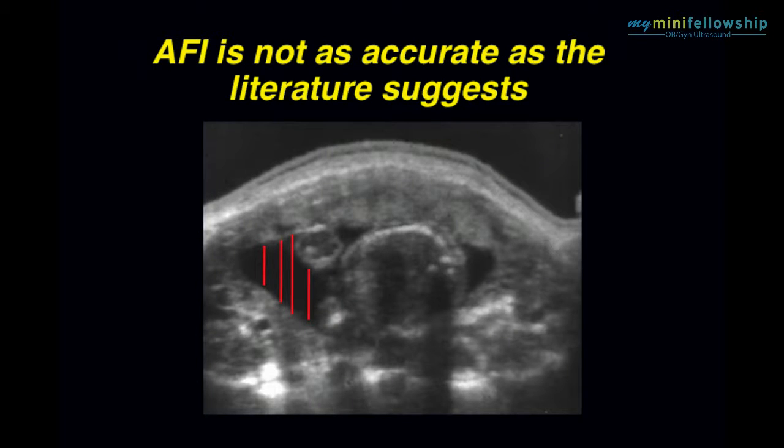Now, the AFI is certainly not as accurate as the literature suggests. I want you to be cautious when you're thinking about AFIs, because here are 4 measurements, all of which are clearly different, and only one of which is correct.